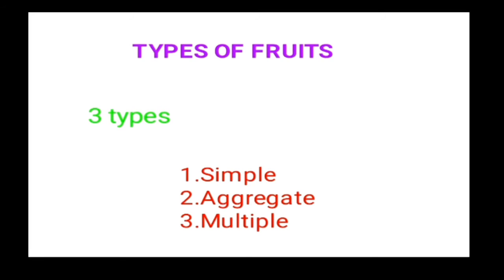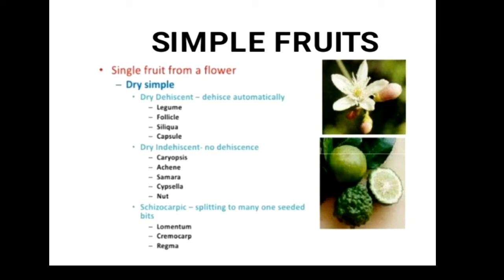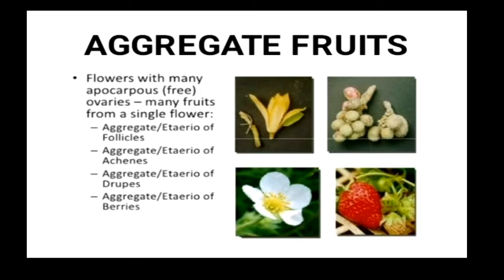Fruits are of three types. They are simple, aggregate, and multiple. A single fruit formed from a flower is called a simple fruit. Example, lemon. Many fruits formed from a single flower is called aggregate fruits. Example, strawberry.